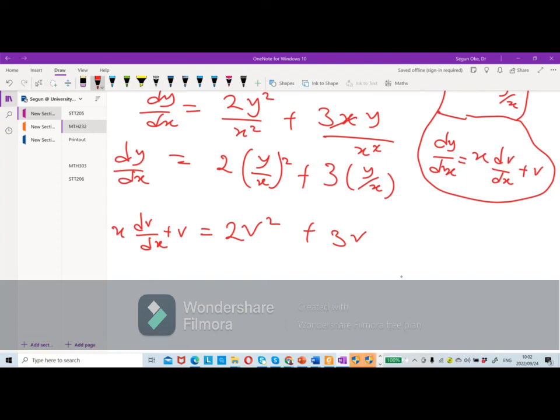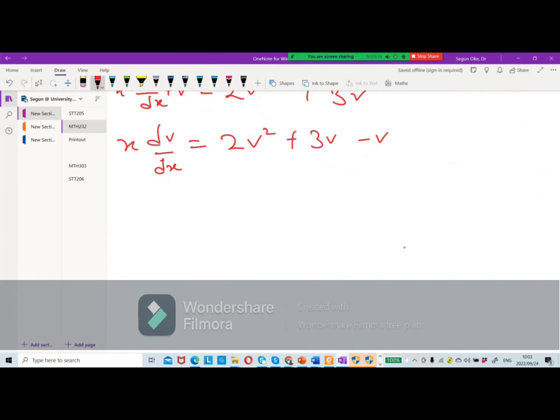Any question? I can take this one to the other side. I can say x dv dx is equal to 2v squared plus 3v minus v. Just to eliminate it. So I have x dv dx equals 2v squared plus 3v plus 2v now, because you already deduct plus 2v.